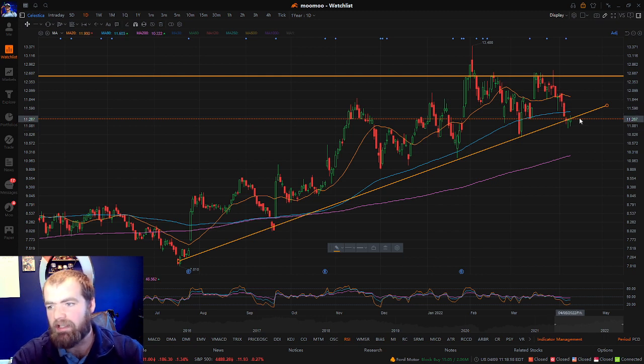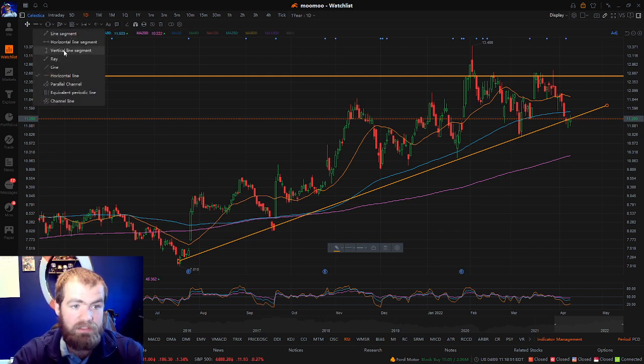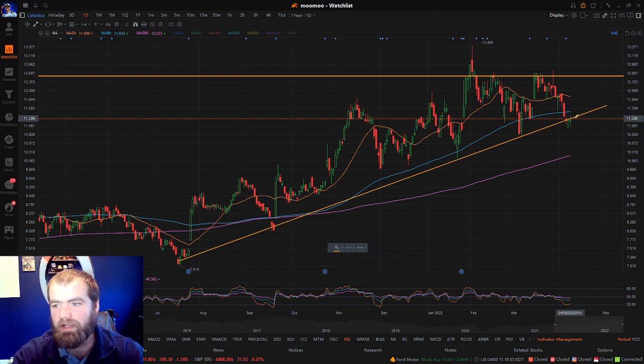So personally, hopping in right now at $11.29, what I would do, I would hop into this because this actually looks like a very good trade. Hop into this, set my stop loss pretty much probably at around 10.90.